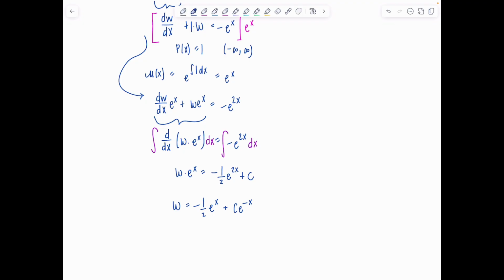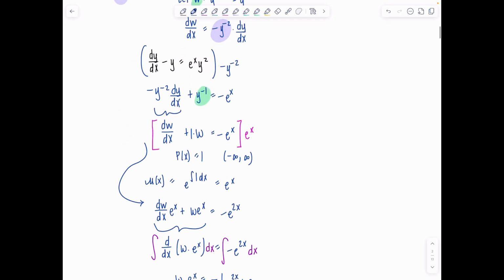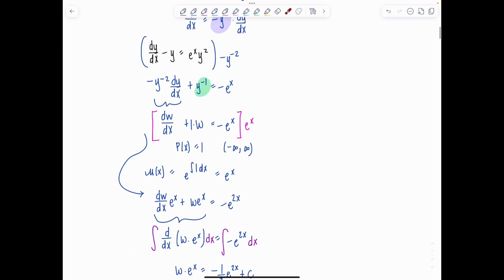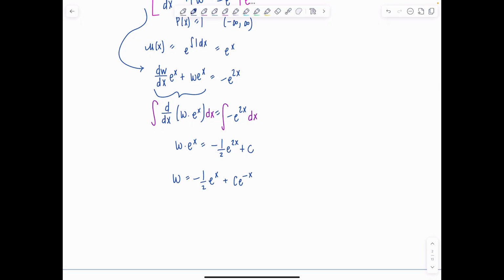We'll see where things are going. Okay, then who was w? Go back. W, right here. W is y to the negative first, all right. So that's 1 over y. 1 over y equals negative 1/2 e to the x plus c e to the negative x.